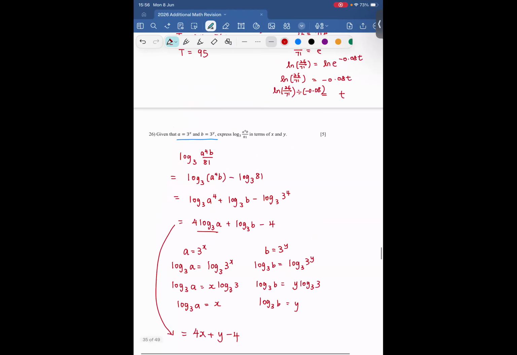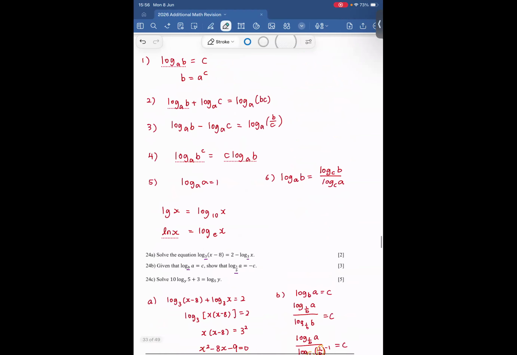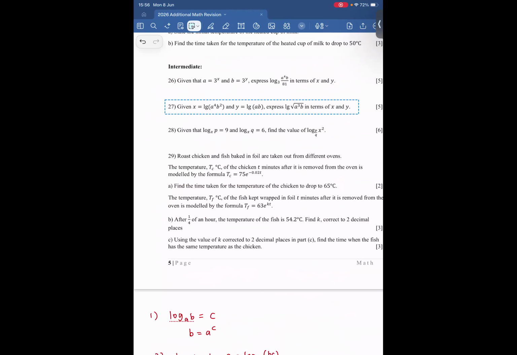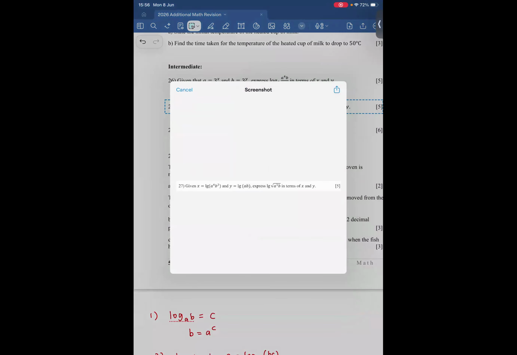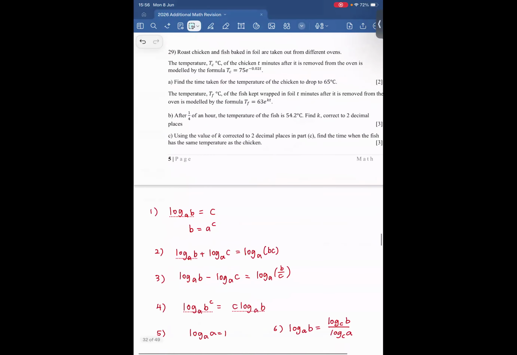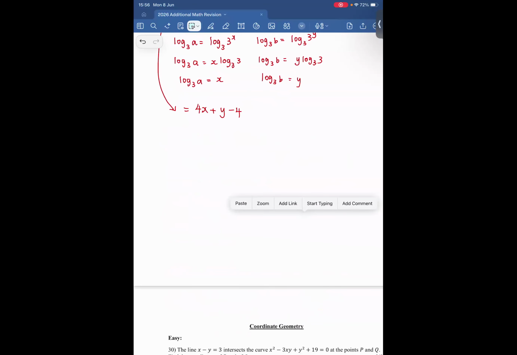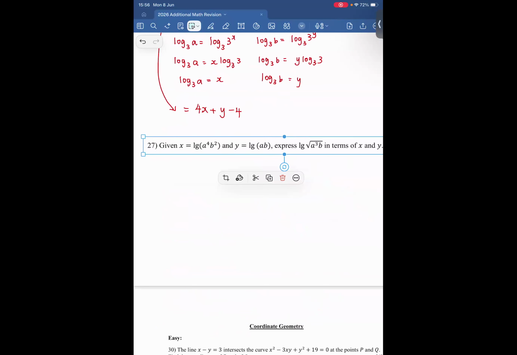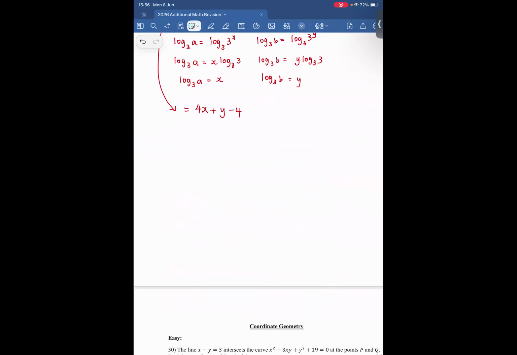Okay, next, 27. Please try. Oh no, this is not identical. Wait, I need a new page.